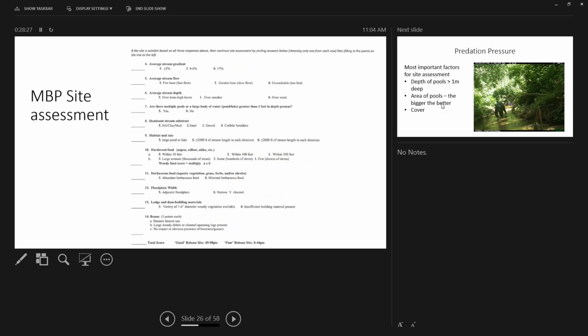We're also looking at gradient, depth of streams, which is a really critical part for beavers to avoid predation, as well as the area of streams. Dominant substrate, what kind of food is available, another critical part. How close or distant is it from the stream? Beaver are great athletic swimmers, but on land they're just little walking jerky pockets.